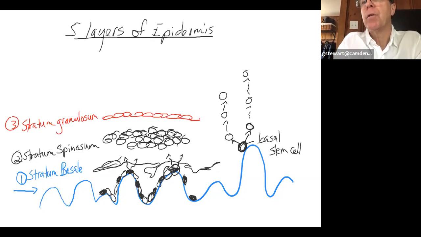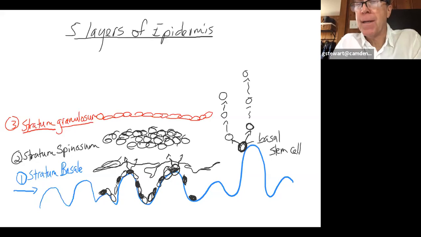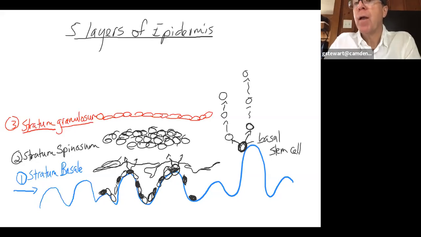And those granules give our skin its waterproofing ability and also start secreting those keratin fibrils that give our skin its toughness. When we get to this level, the stratum granulosum, the cells now are dead. They have the granules in them, but they're not truly living cells at this point, okay?